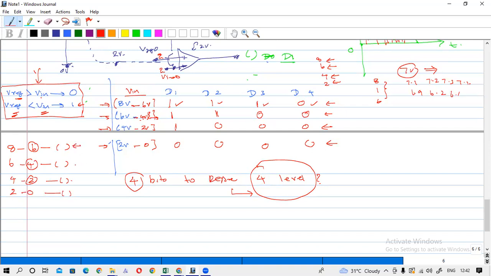You have 4 combinations. Then how many bits do you need? Here we use 4 bits, but we don't need 4 bits, no? Using 4 bits, we can represent 16 levels. But here we only have 4 levels.